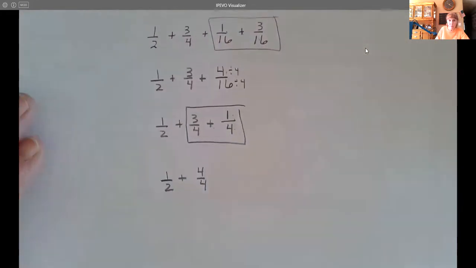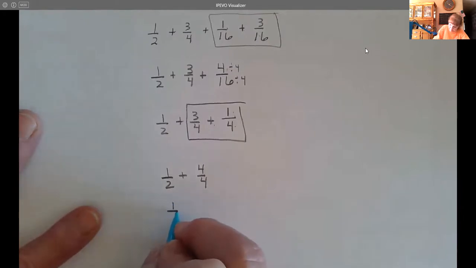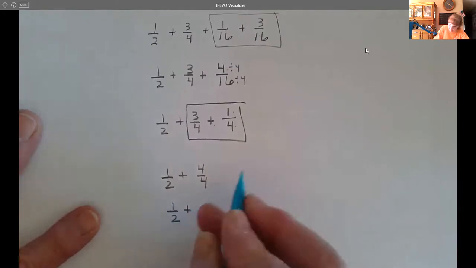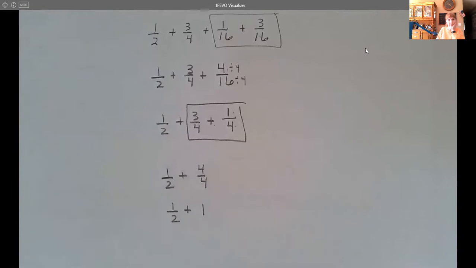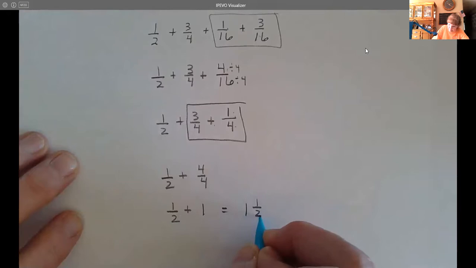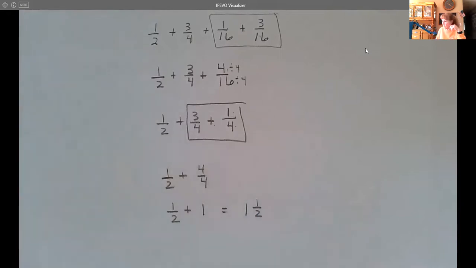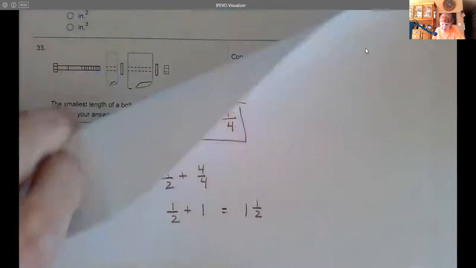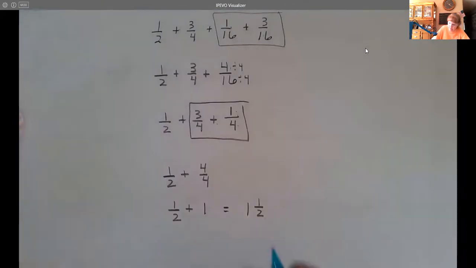Well, 4/4 is 1. So 1/2 plus 1 is 1.5 inches. Oh, I forgot, is it inches? It's inches.